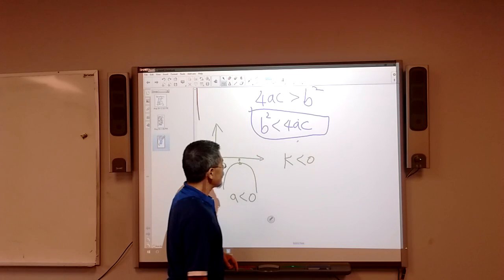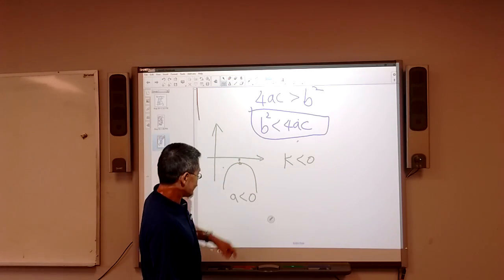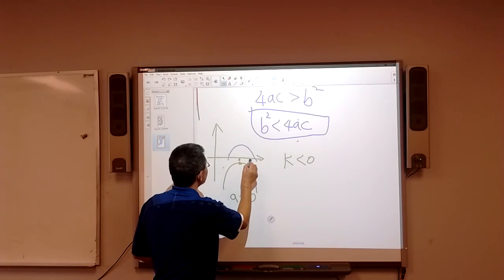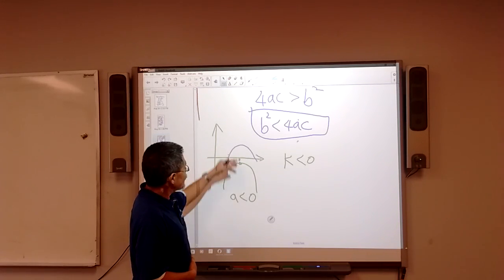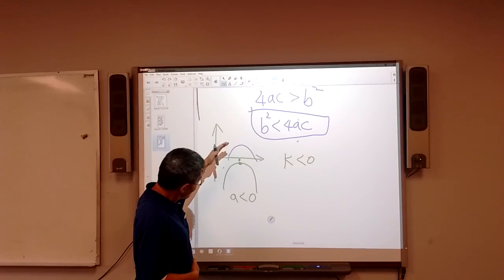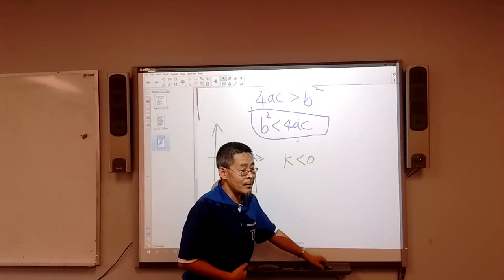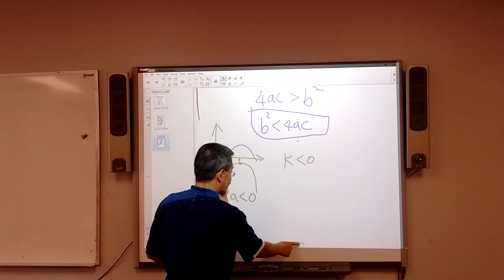K could be positive, but if it's positive then we have x-crossings, so we have real zeros. But in order not to have real zeros, k has to be negative, right? But remember what our k is.